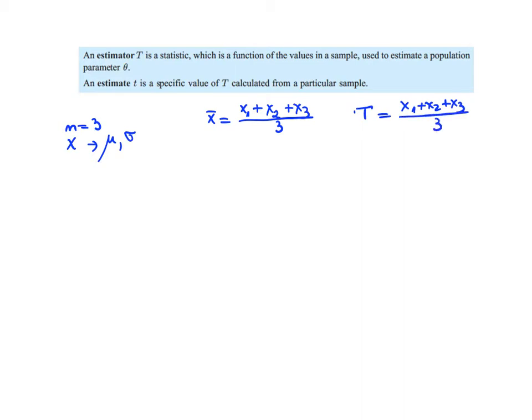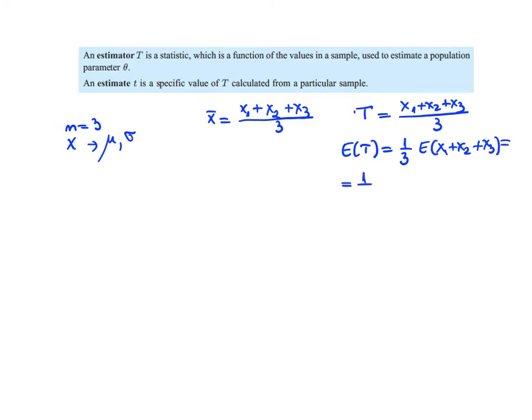How do I know that my estimator does a good job? I would know that it does a good job if, after I generate a population from various samples, from multiple samples, the mean of that population is the same as the mean of the parent population. And I can check this by calculating the expected value of T. So applying the expectation algebra, I'm going to get a third expected value of x1 + x2 + x3.